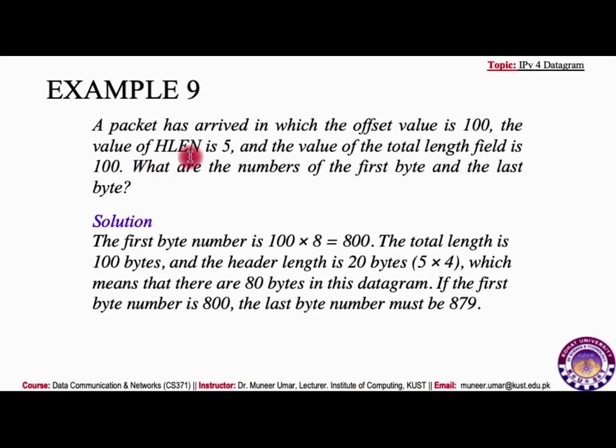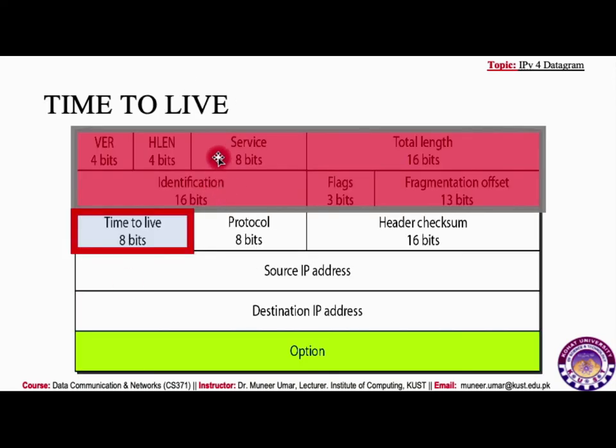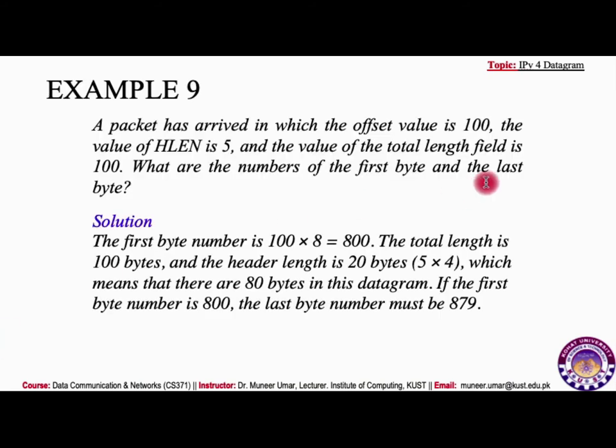Next, a packet has arrived in which the offset value is 100. The value of header length is 5 and the value of total length field is 100. This one is 5 and this one is 100. What are the numbers of the first byte and the last byte?